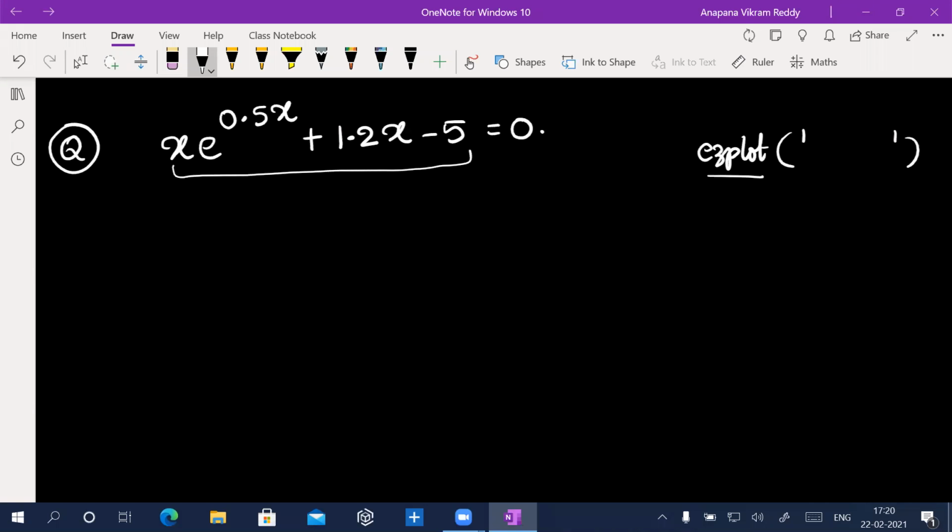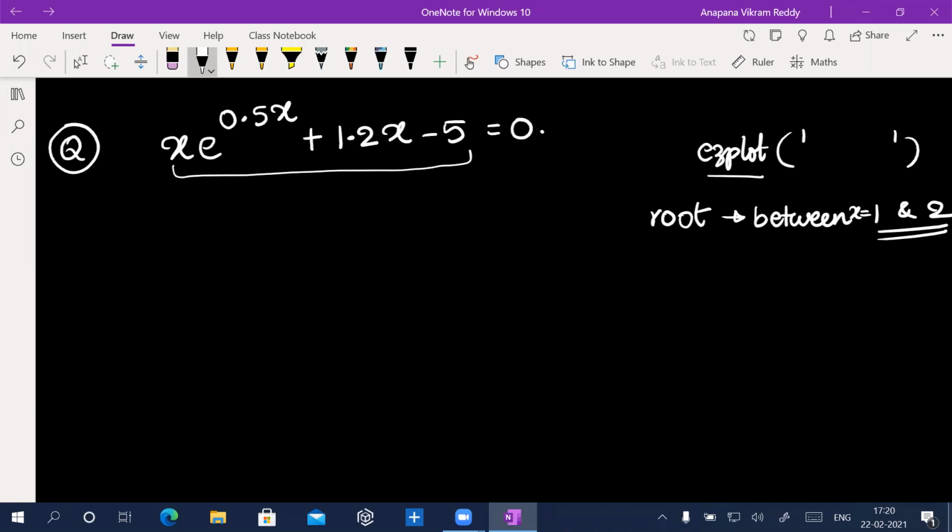It will plot the curve, and if you observe the curve, you will get the root. The root is in between x equal to 1 and 2.